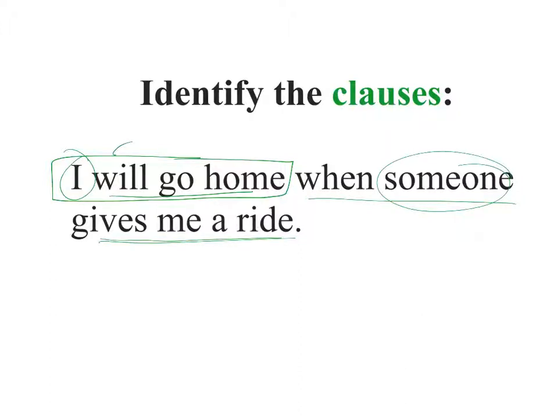This would be the independent clause, I will go home. That could stand on its own as a sentence. When someone gives me a ride. Now that kind of clause is a relative clause, which we'll get into later. But anyway, there are two clauses in this sentence as well.